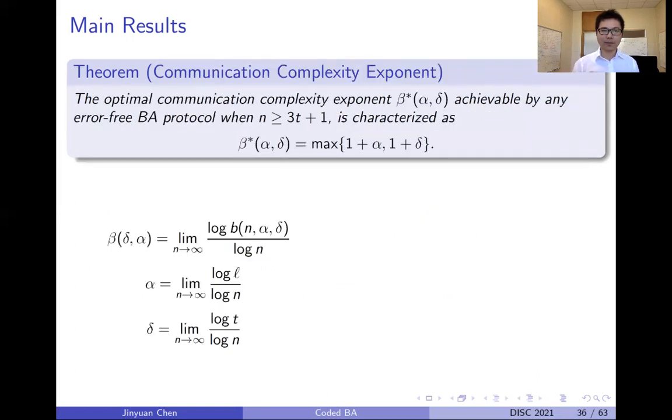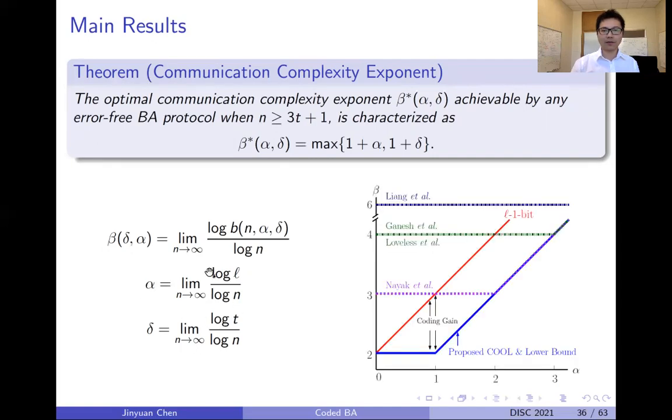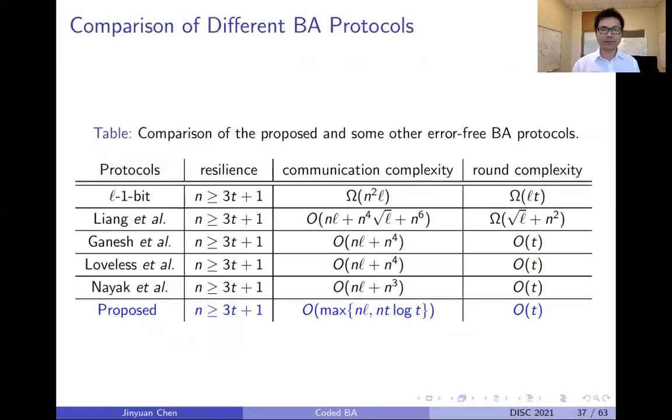In this BA problem, we also introduced the notion of communication complexity exponent, message size exponent, and the faulty size exponent, given by those forms. As we can see, our protocol achieves the optimal communication complexity exponent.